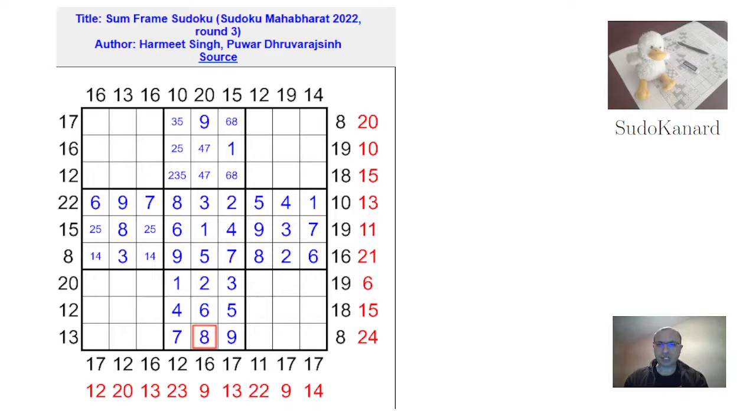Where should I look now? There's an 8 somewhere here and an 8 somewhere here. So they both include a 1. And the decompositions are 1, 2, 5 and 1, 3, 4.